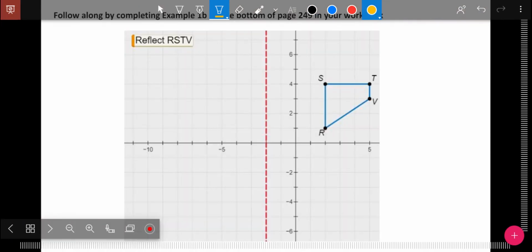Let's flip these one at a time. They gave us this line right here to reflect over, and that line is x, because it goes through the x-axis, equals -2. So let's reflect them one at a time.